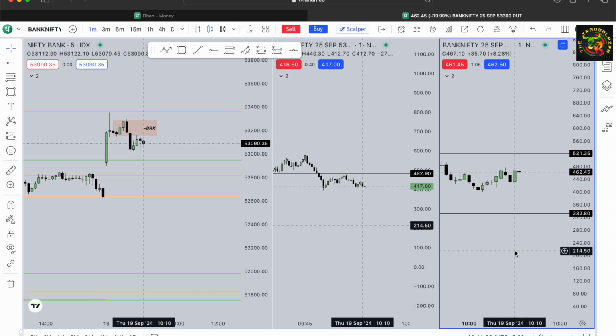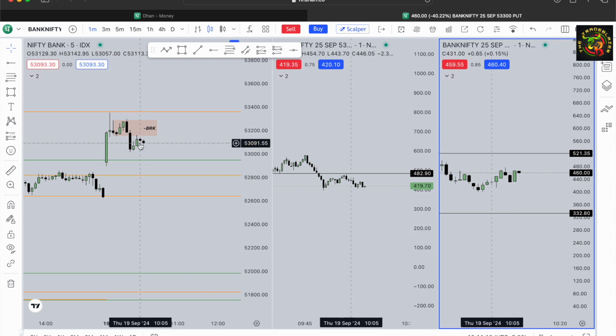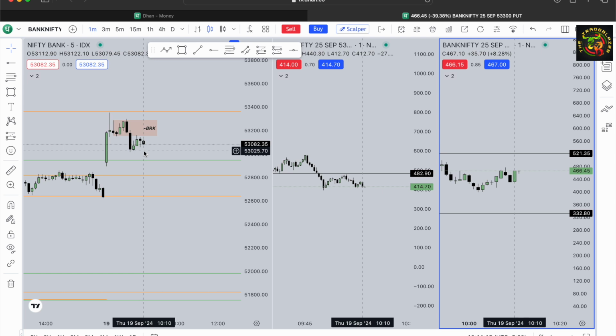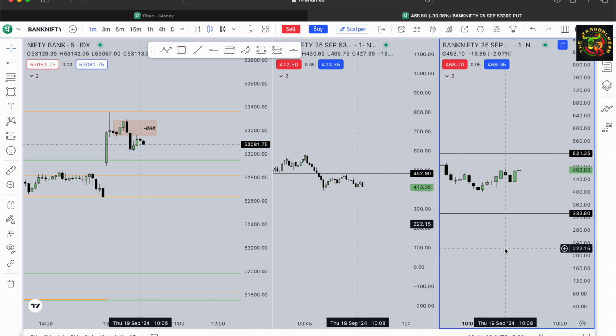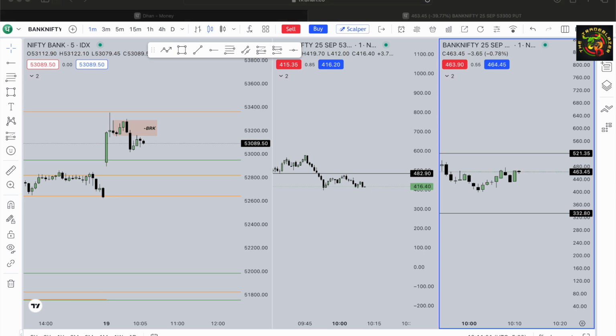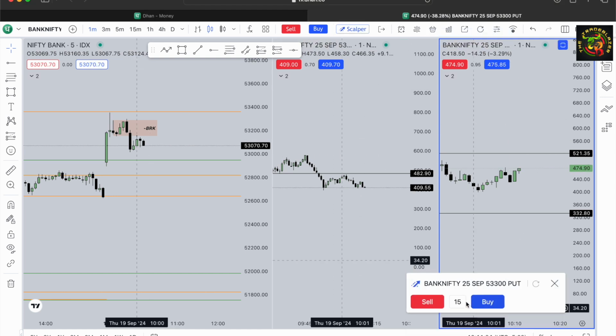You can see that I have marked an order block here, and then price started trading below the order block. Okay, so that's a bearish confirmation as well. It tried to go above on an upside move, but then it hit the order block and came below. Based on which we can go for a put buy, right?